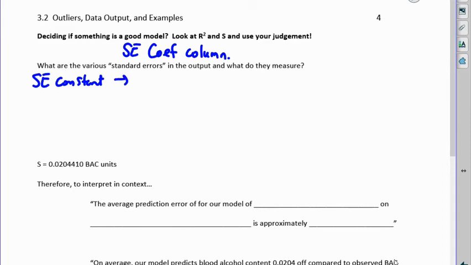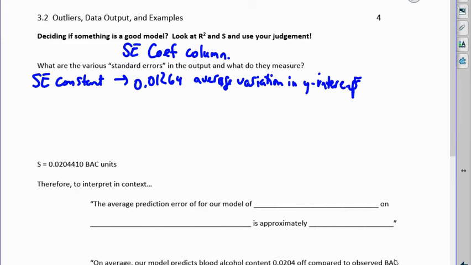This is the average variation in Y intercept. You'd expect on average, when you do this model many times, that the Y intercept would vary by that.